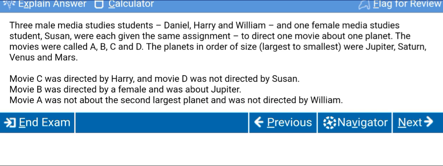The movies were called A, B, C, and D. The planets in order of size, largest to smallest, were Jupiter, Saturn, Venus, and Mars.